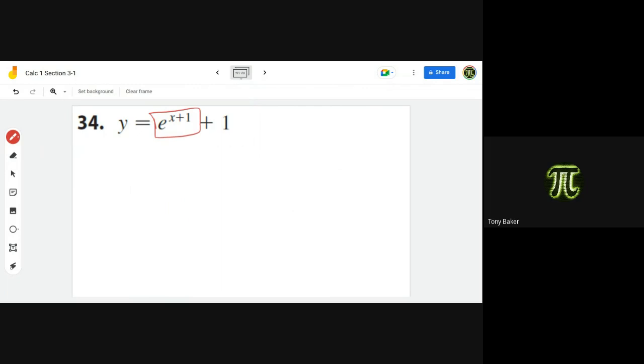What did we do when we had addition up in the exponents? We split it up. So that e to the x plus 1 is e to the x times e to the 1. Which is just e times e to the x.